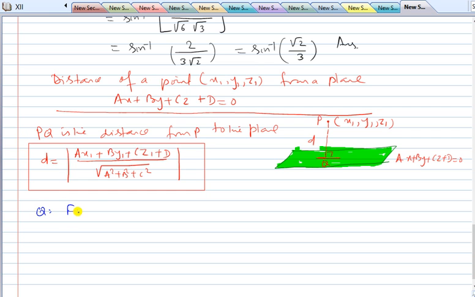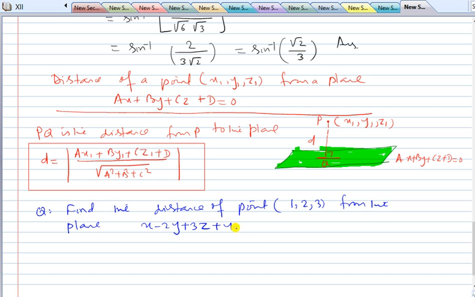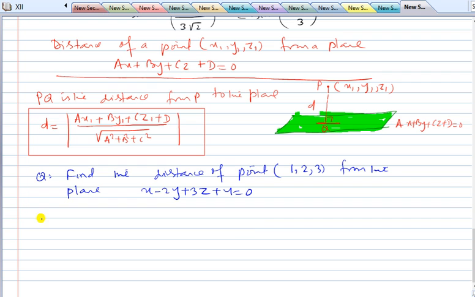Find the distance of the point 1, 2, 3 from the plane x minus 2y plus 3z plus 4 equals to 0. Okay, so very easy here.